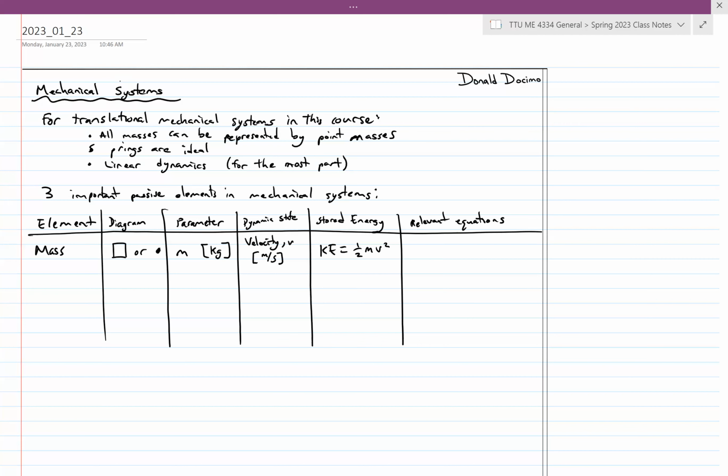Okay, relevant equations for a mass. There's one big one and we actually got it. Somebody answered it just for the wrong part. Mass times acceleration, that's not a full equation. What does it equal? Equation means it equals something. Sum of the forces. What is that called?